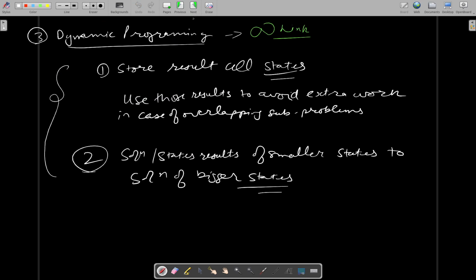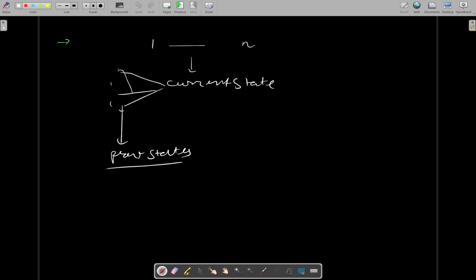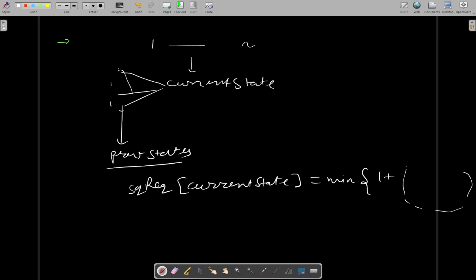So what you will be doing is, let's call number of squares required for a particular number. Let's say this is your current state, then it will be nothing but minimum of 1 plus minimum of previous states contributions.